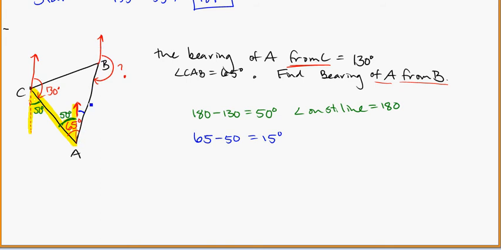We also have alternate angles, potentially. So I'll use a different color this time. Let's dot this north line straight down. And if I draw in a Z angle here, we'll notice that in fact this is 15 degrees as well as this being 15 degrees.